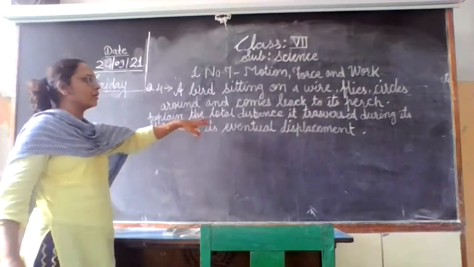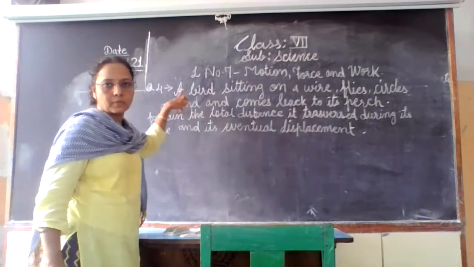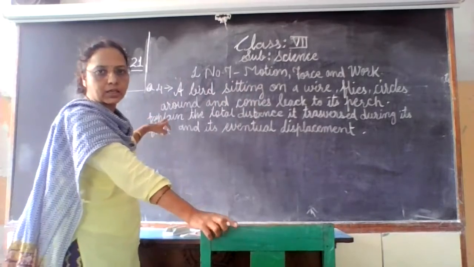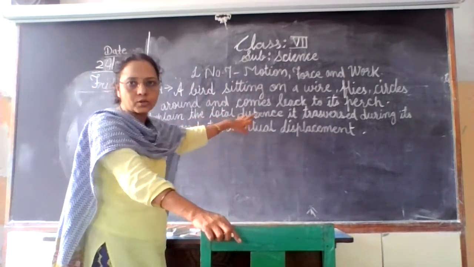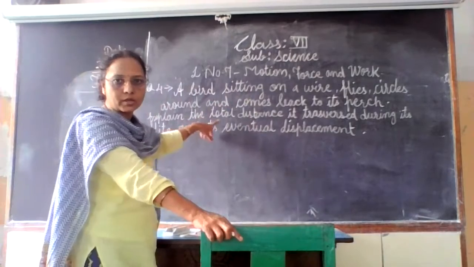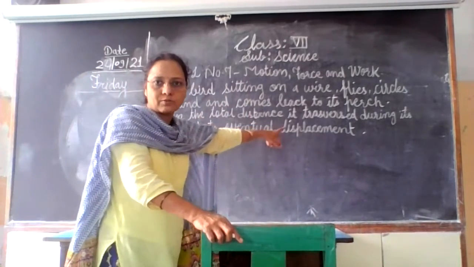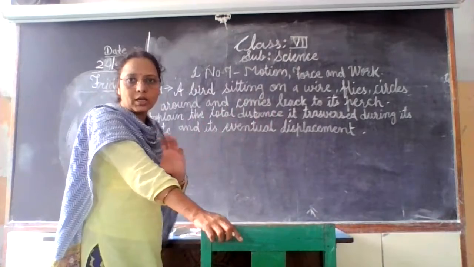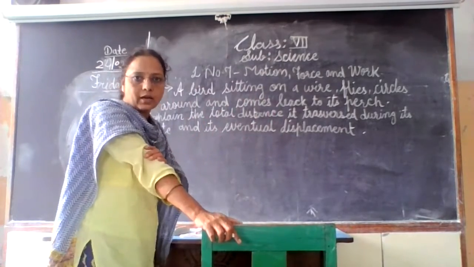You have to explain the total distance. A bird sitting on a wire flies, circles around and comes back to its perch. So explain the total distance it transfers during its flight and its eventual displacement. So you should write down.